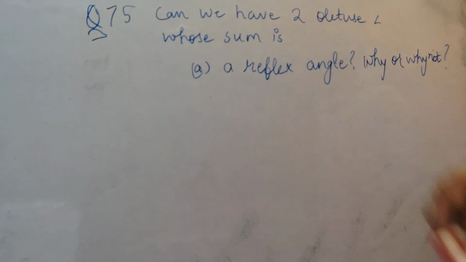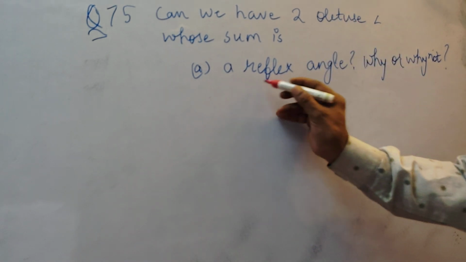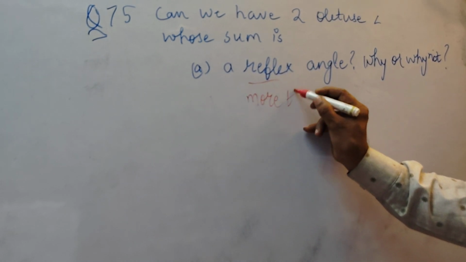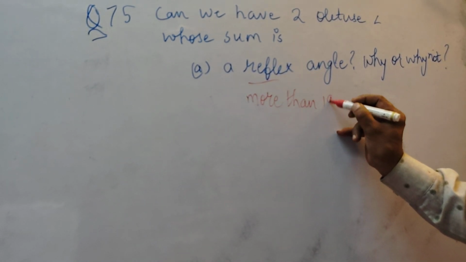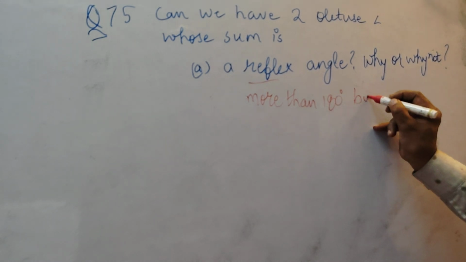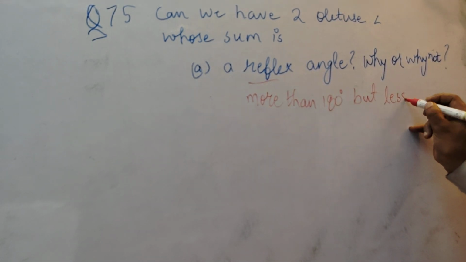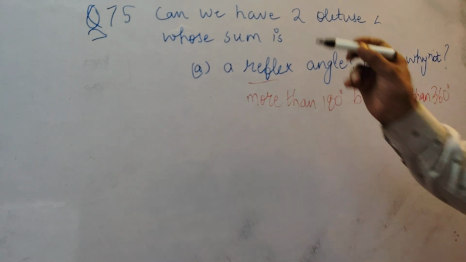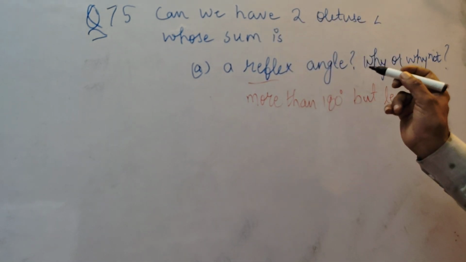A reflex angle means more than 180 degrees but less than 360 degrees. This is the reflex angle's property. So, two obtuse angles whose sum is a reflex angle.